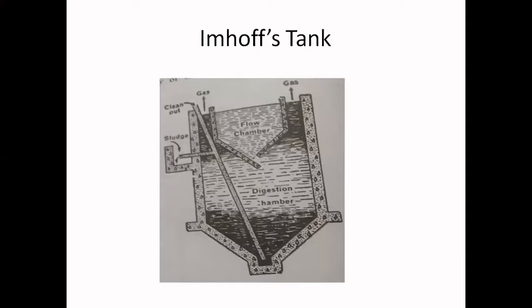So, septic tank and Imhoff tank we can use. Now, the third system in domestic sewage treatment is the evapotranspiration system. This is one of the simple and cheap methods used especially in rural areas where much space is available around houses.